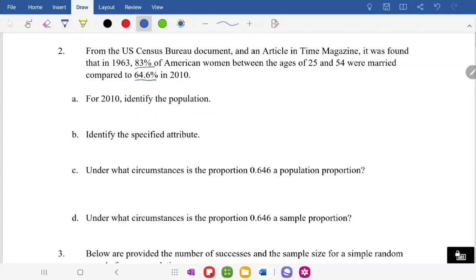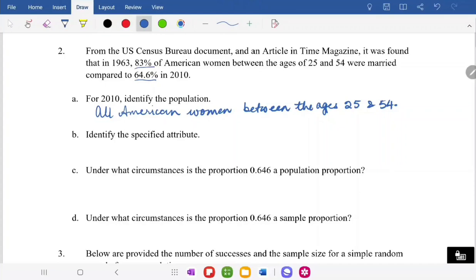So for 2010, the population would be all American women in the age group between the ages 25 and 54.